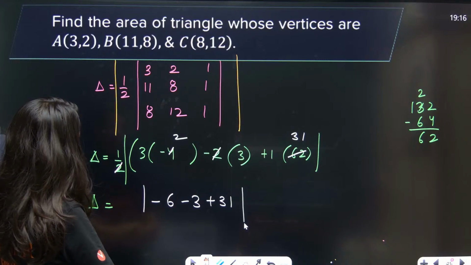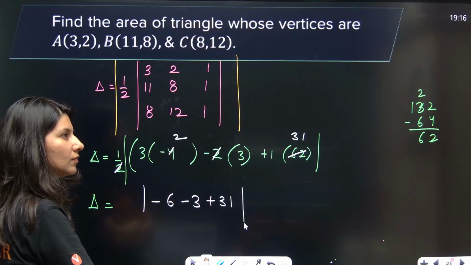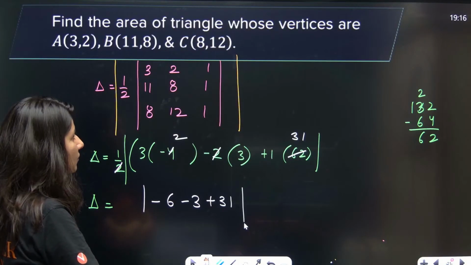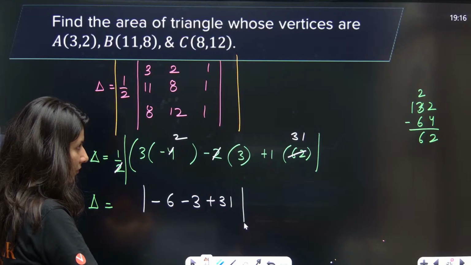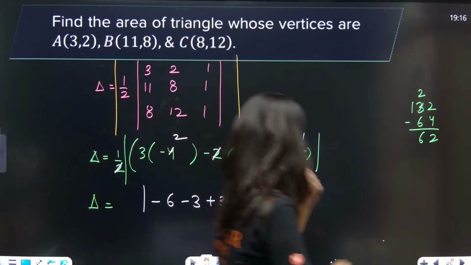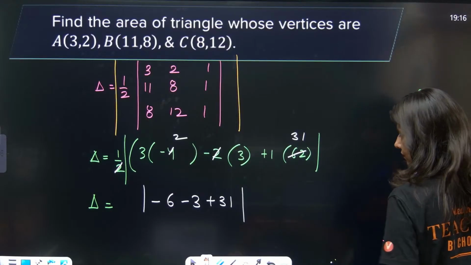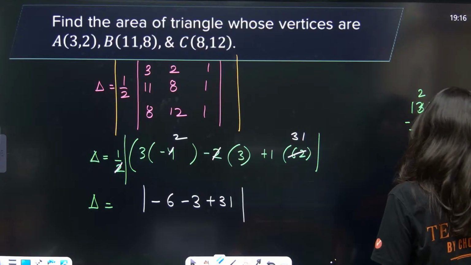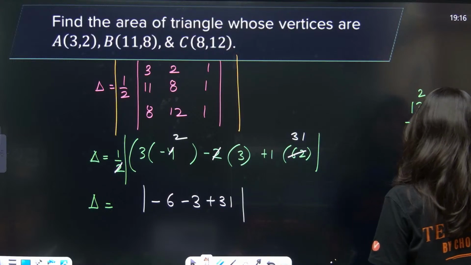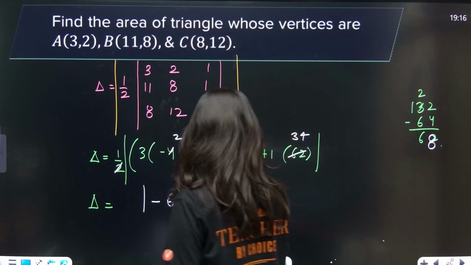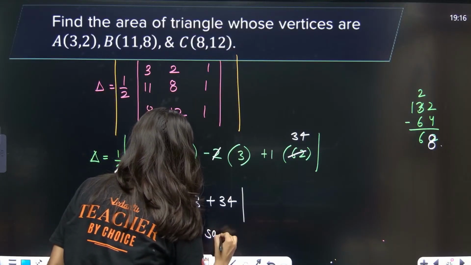Then this is 132 minus 64. Sorry, this subtraction. Oops. 68. So this is 34. 34 minus 9 is 25. Square units.